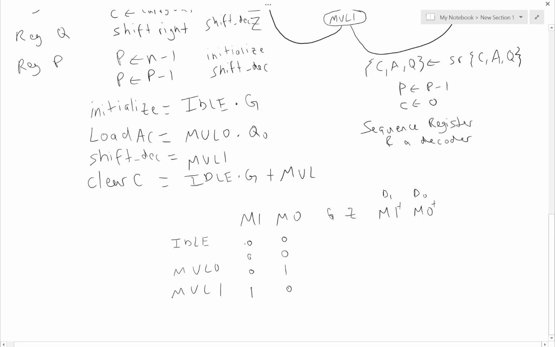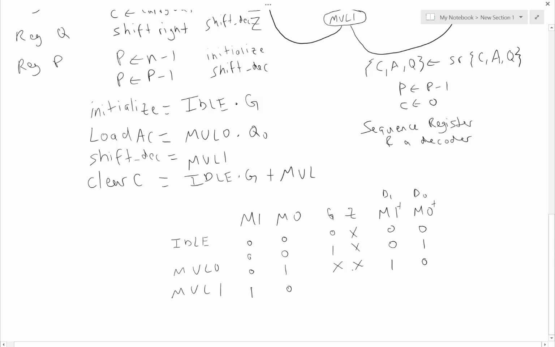Okay, so when I'm in the idle state, I'm going to stay in that idle state if G is 0. Doesn't matter what the Z value is. But if G is 1, again, doesn't matter what Z is, then I'm going to go on to mul 0. So 0,1. When I'm in mul 0, I always unconditionally go on to the next state, which is mul 1.